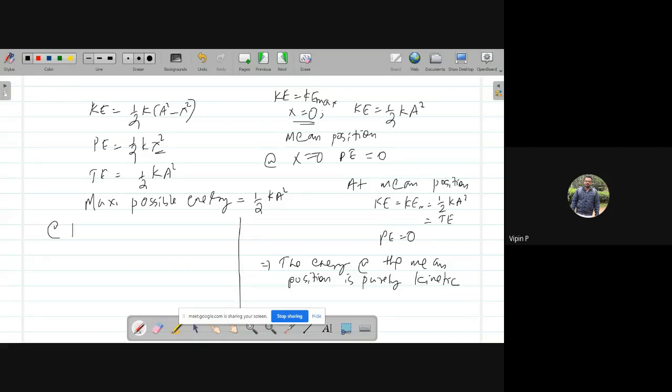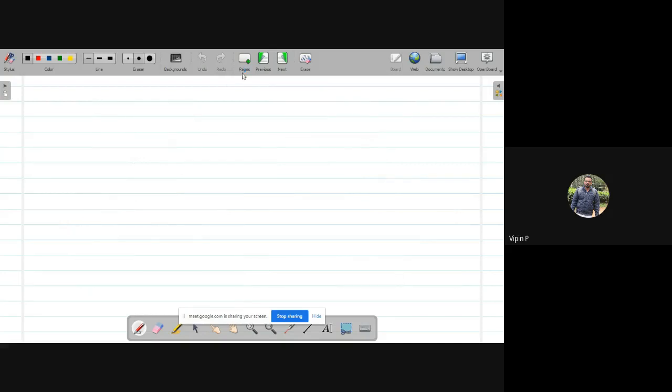Now let's see at the amplitudes, that is at x equal to a. Let's see what is the value of kinetic energy. Obviously, x becomes a here, so a square minus a square, kinetic energy is 0. Right? So if I draw a curve where this is the x and here I have the energy value.